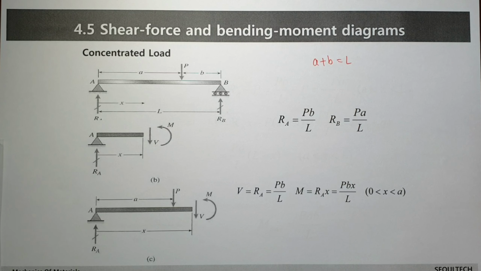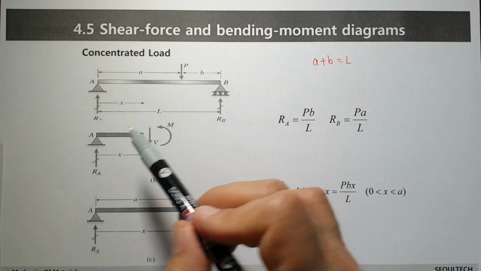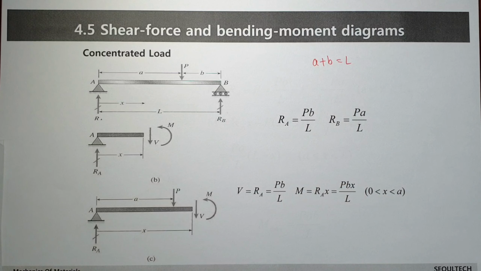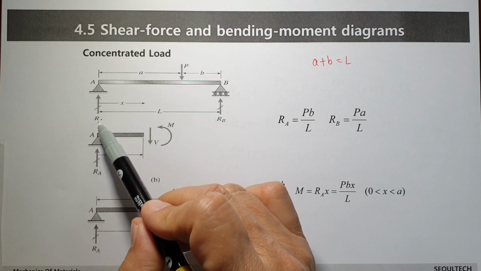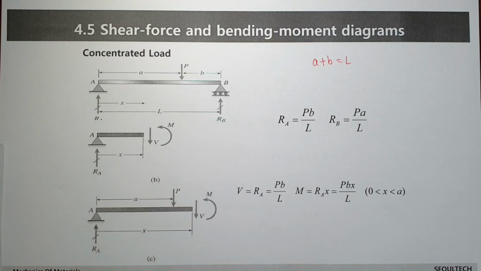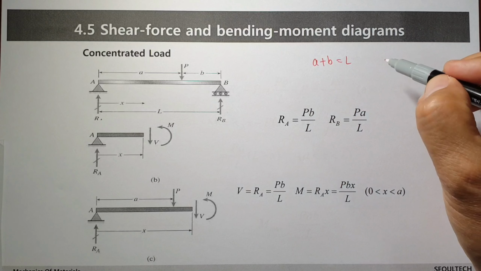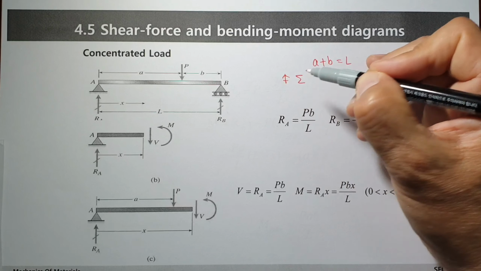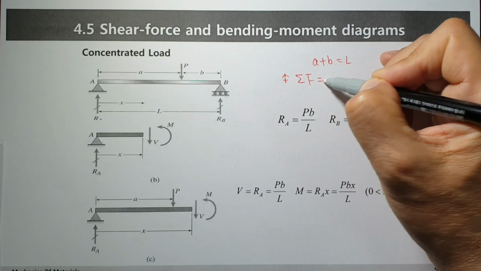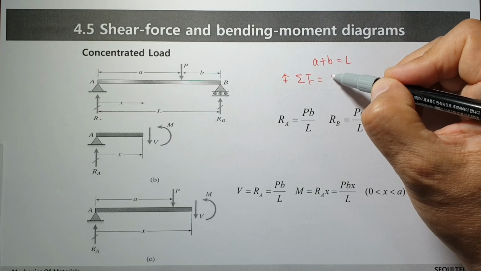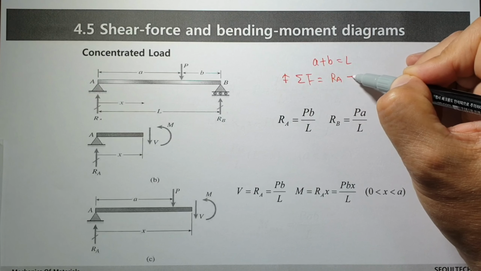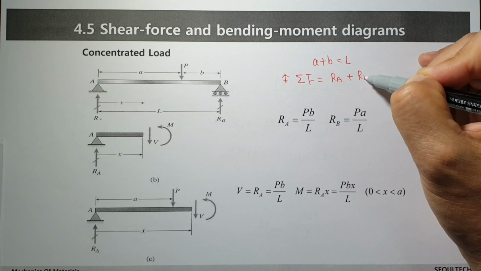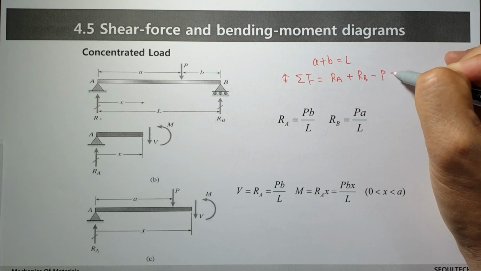In this case, we can calculate RA and RB. We can introduce reaction forces like this one. When the upward direction is positive, then RA plus RB minus P equals 0.